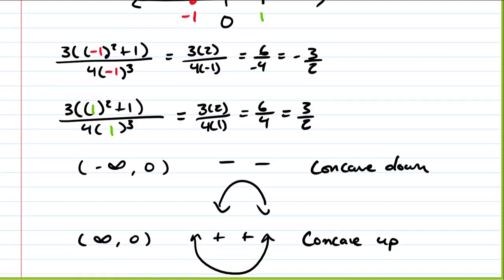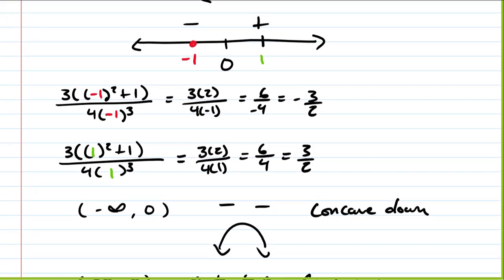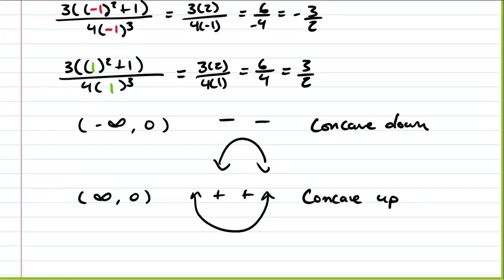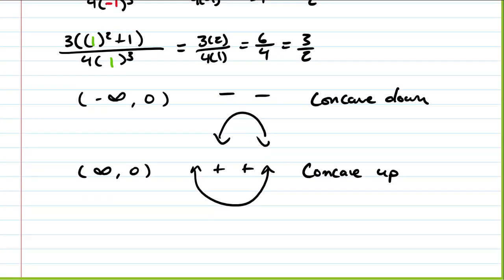And that just came from our number line by doing our test points on either side, right? So concave down from negative infinity to 0, and it's going to be concave up from, I wrote those backwards, 0 to infinity. All right, and there we go.